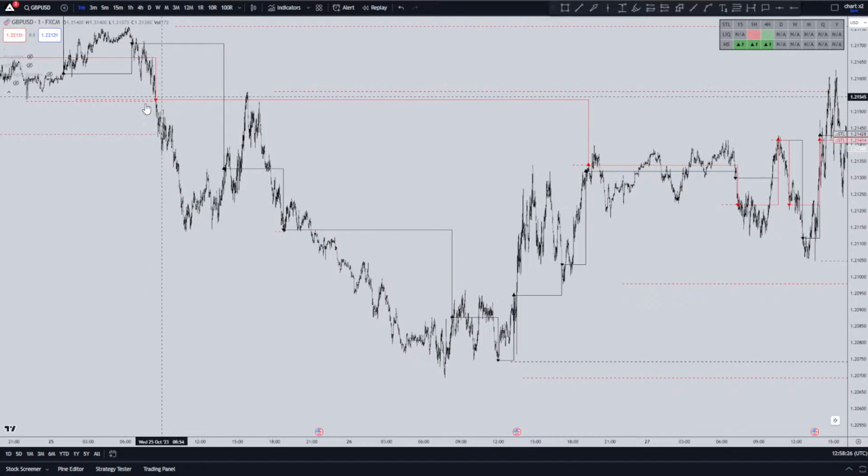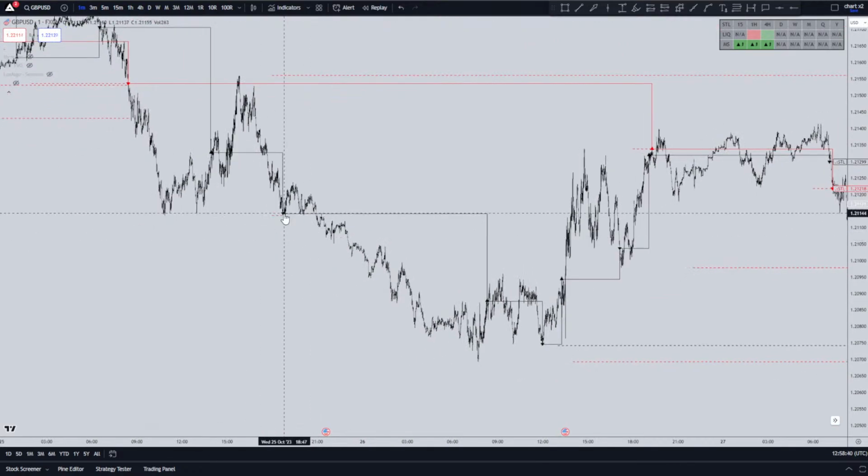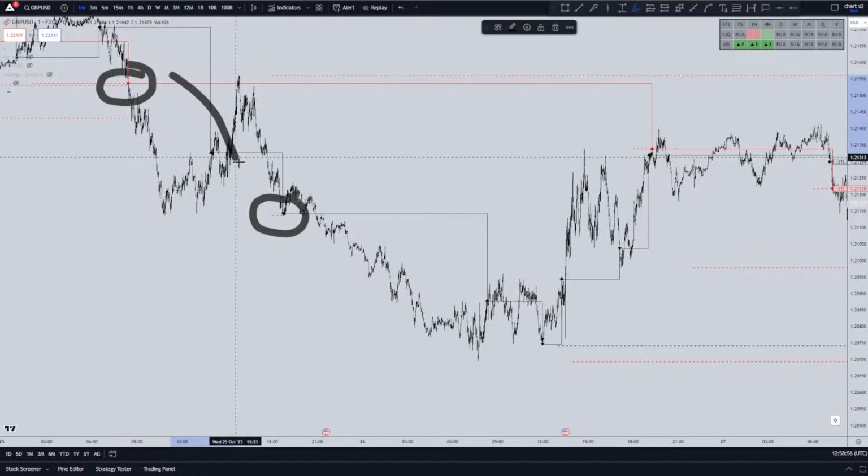First we have a 4 hourly breakout on the short side. Market came down, took the liquidity, pulled back, retested the level, moved down. Under this one we have not just a 4 hour bearish breakout, but now we have an hourly bearish breakout as well. So we have an inline market structure for 2 time frames.